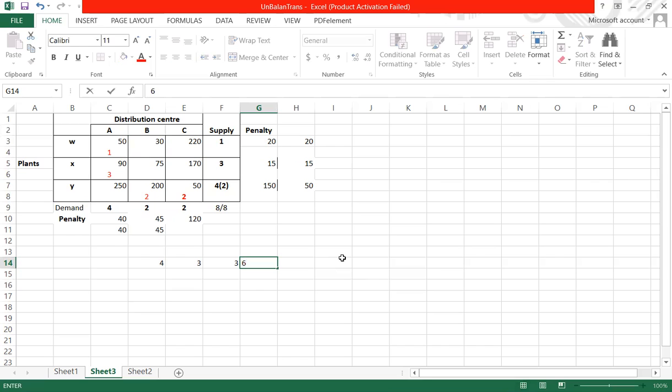And also we see that number of rows is m. Isko hum m se denote karte hain, isko hum n se denote karte hain, aur ye hamara hai m plus n minus 1, so it will be 5.